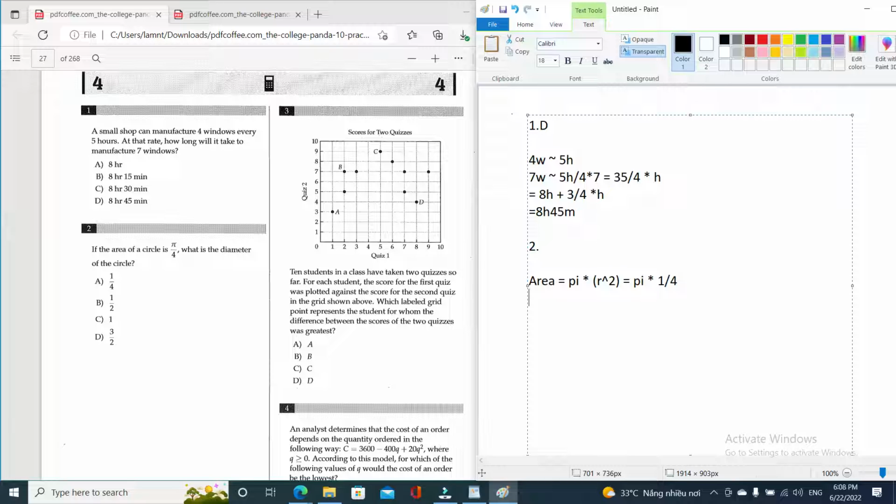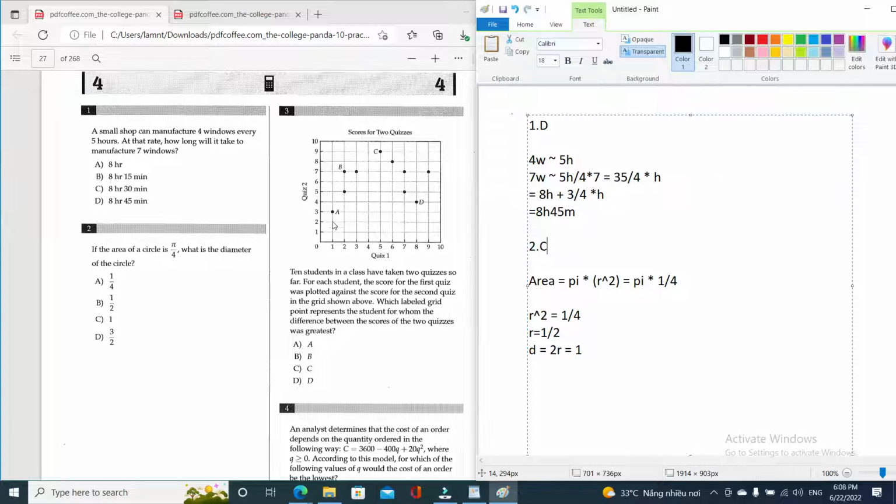So r squared is going to be 1/4. So r is a half, right? r is a half. So the diameter is 2r. So number 2 should be C.